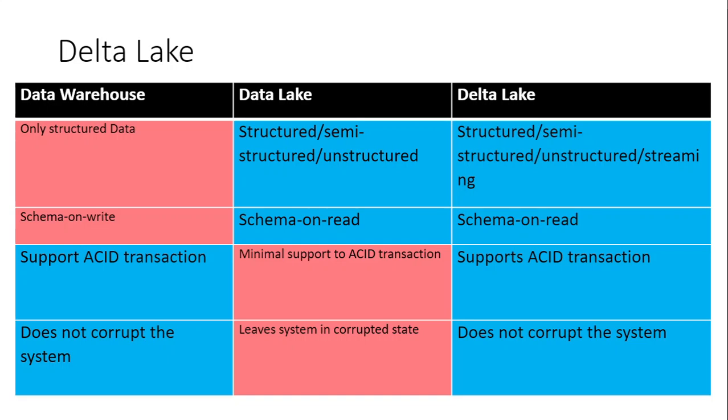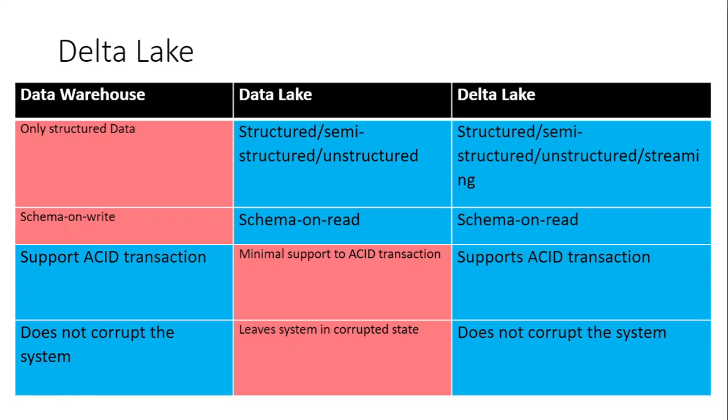These are only a few of the negative points we have pulled out, but there can be many others. There are some negative points in the data warehouse and some in the data lake. What the Databricks people have done is introduce a lakehouse that brings all the positive points from the data lake and all the positive points from the data warehouse.